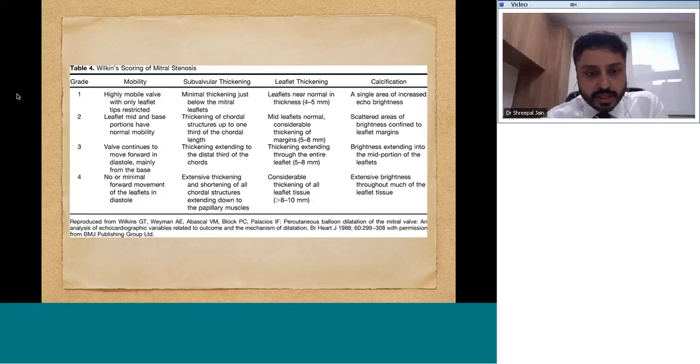Based on this, you determine a score, which could be as low as 4, and it could be as high as 16. So this helps in determining whether your balloon mitral valvuloplasty is going to be effective or not. So the lower the score, the better the chances for a good outcome after your balloon mitral valvuloplasty.